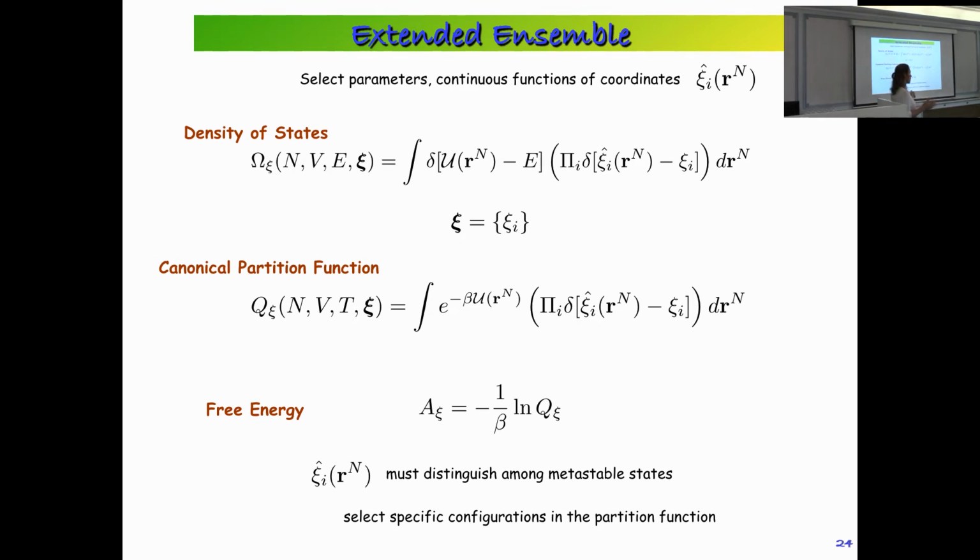And the fluctuations of this collective variable at equilibrium have to be smaller than the difference between the values at the two different states. This is a very general rule, because otherwise you will have fluctuations of the collective variable between the two states already at equilibrium, and that will not help you in distinguishing the two states.